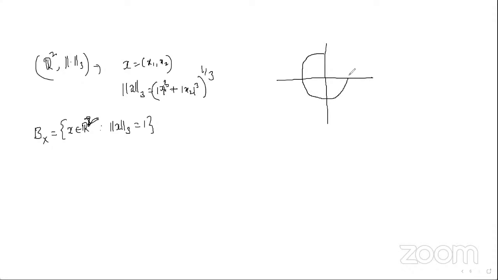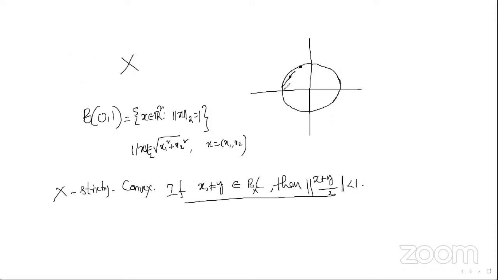It is not a circle. Now here, if we look at the earlier case in L2, if we take any 2 points with respect to 2 norm, let us say 1 point here and 1 point here.